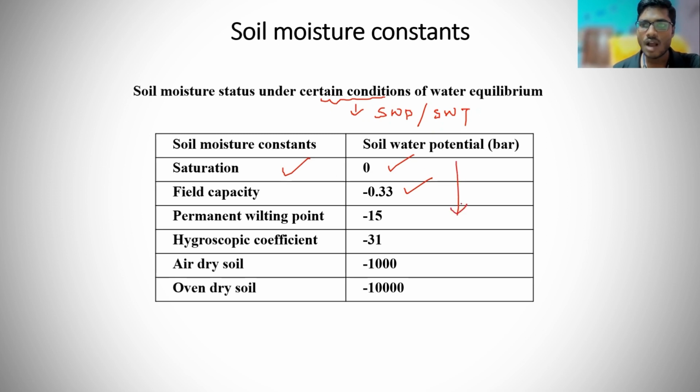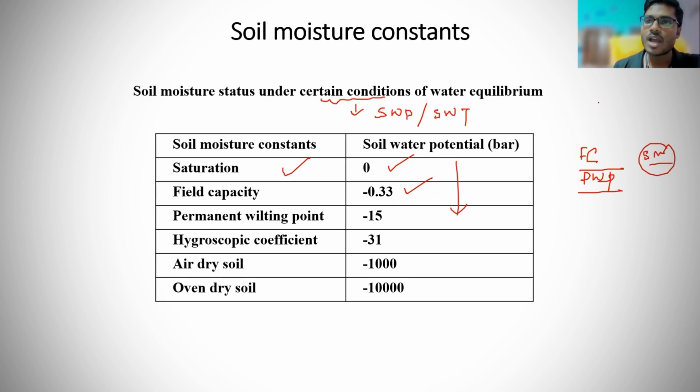Now I will explain the practical utility of soil moisture constants and how we determine the soil moisture content at a particular soil moisture constant. We know that soil moisture constants like field capacity and permanent wilting point are the points at which soil moisture is to be quantified. So how will we quantify?